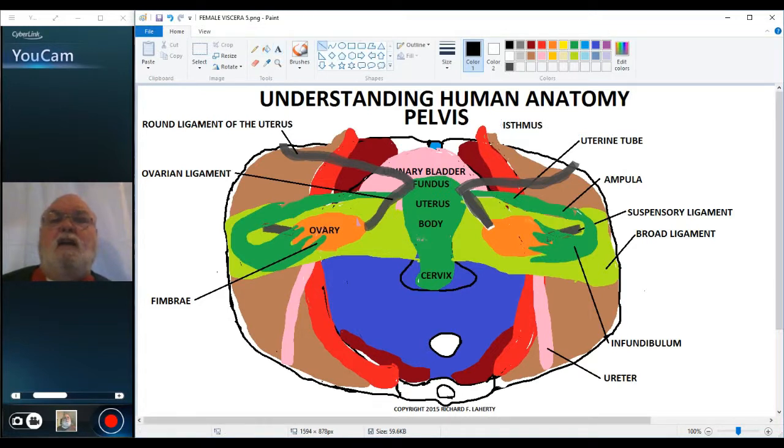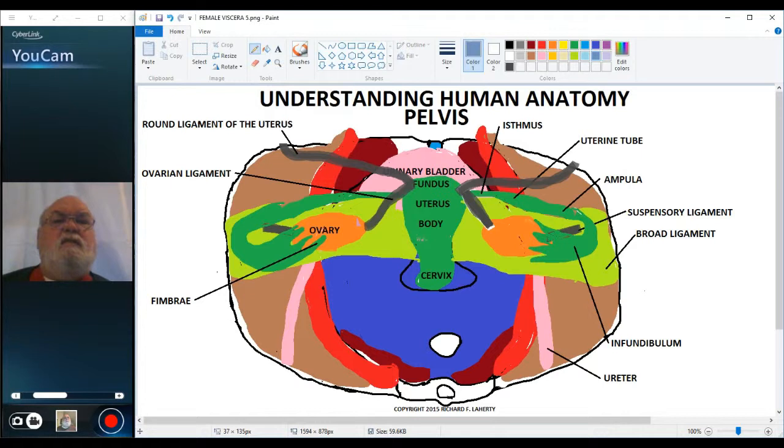And we'll draw a line to it. Now, there's only one more structure we need to sketch into this view, and that is the rectum.